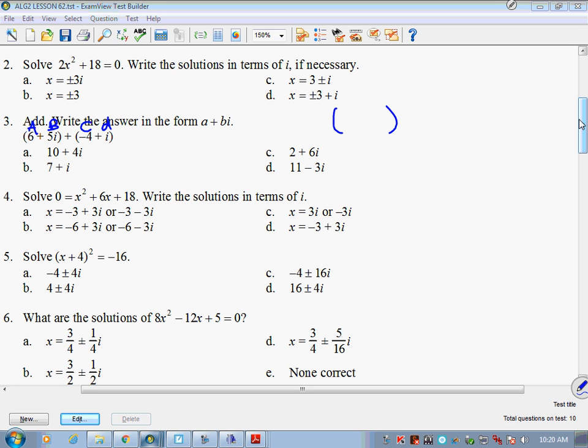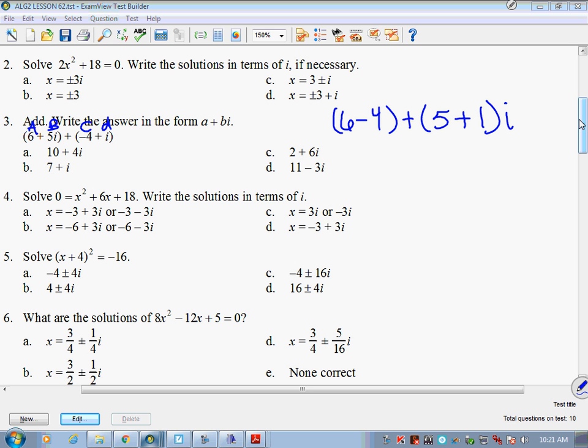A plus c, right? So it should be 6 plus negative 4, or 6 minus 4, plus b plus d, right? What's the b here? 5 plus what? What's the coefficient in front of i that we don't see? 1 times i, right?